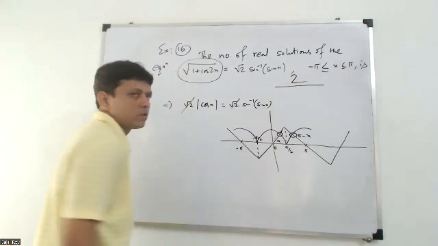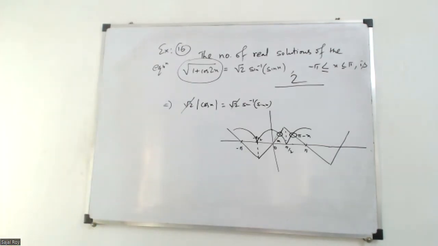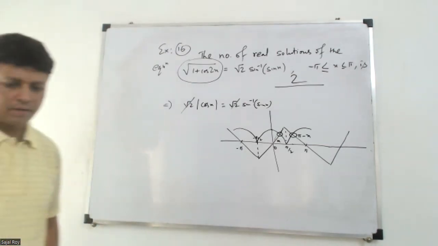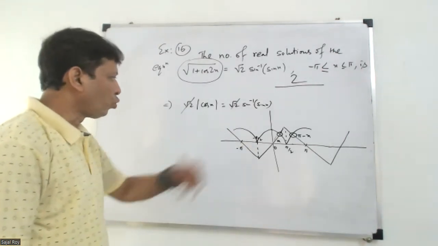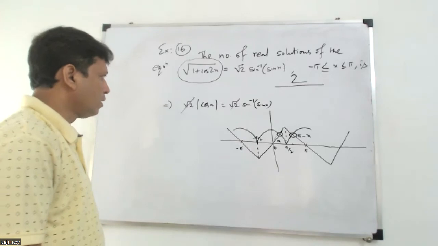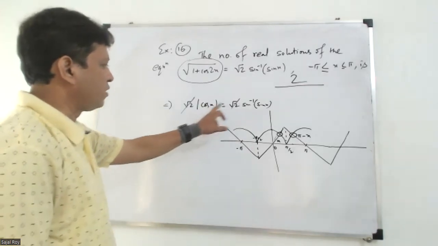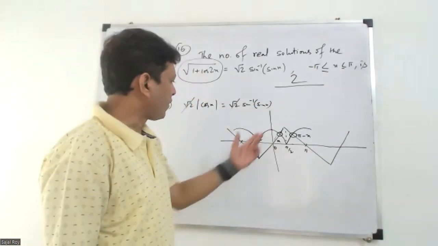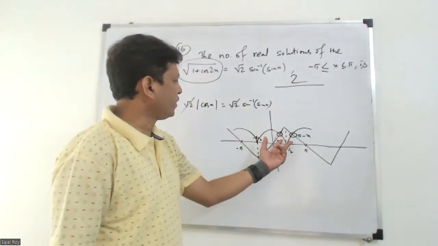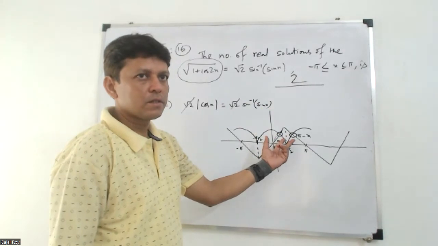So two solutions. Clear? Yes, sir. So you have two real solutions because you have drawn mod cos x and sin inverse sin x taking this interval, and you have seen that you have two intersection points.